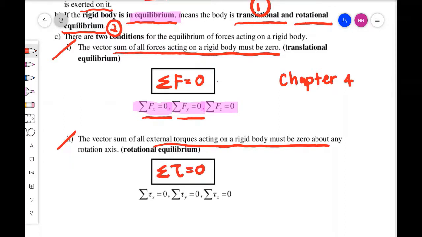So, semua komponen torque must be equals 0. Net torque at X component equals 0, net torque at y component equals 0 and net torque at z component equals 0. So, untuk silibus kamu biasanya ada 2 komponen sahaja.